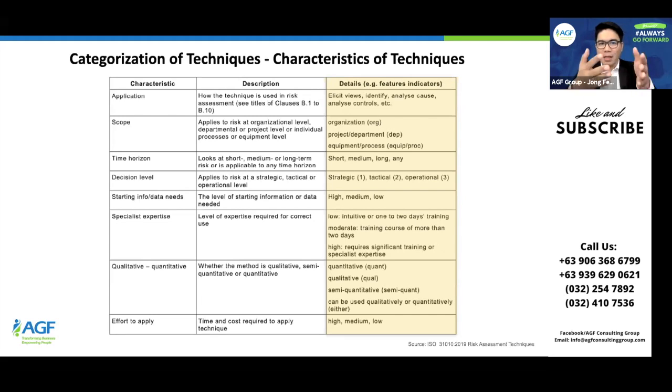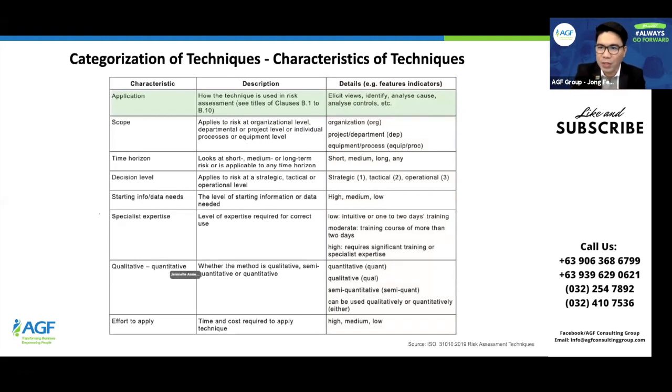All right, so take note, you have seen the characteristics there, the description of those elements under the characteristics, and of course, some details there. So let's just pick one, this element, application. Obviously, out of the so many risk assessment techniques, we need to understand where we apply that. It's written there: how the technique is used in risk assessment.